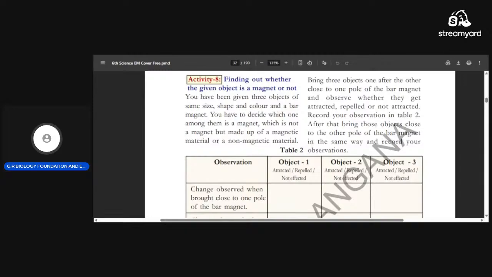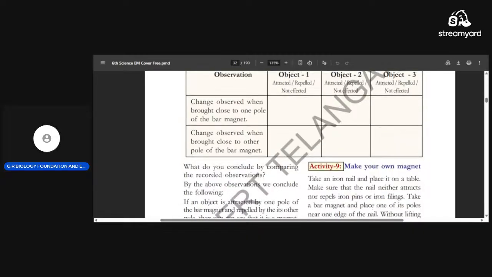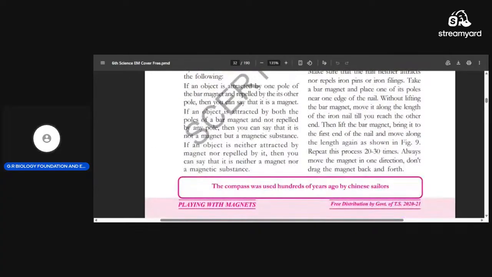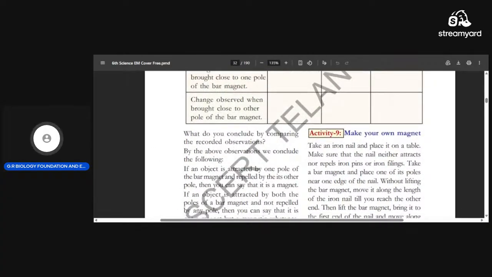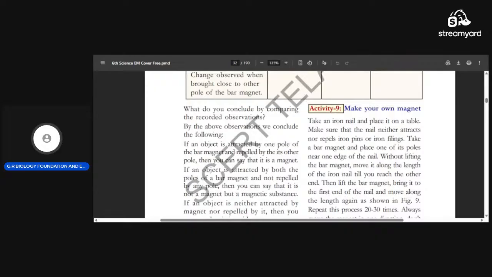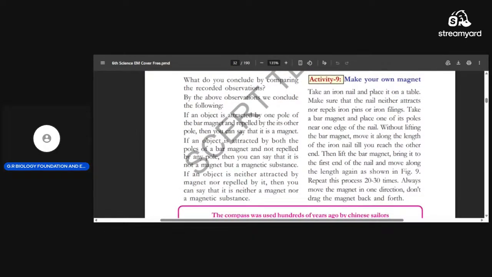If both sides are attractive, that is a magnetic material like iron nails. If both sides are neither attractive nor repelling, that is a non-magnetic material. So given objects we can find out by using this bar magnet, whether the object is a magnet, magnetic material, or non-magnetic material. We can find out with that activity.